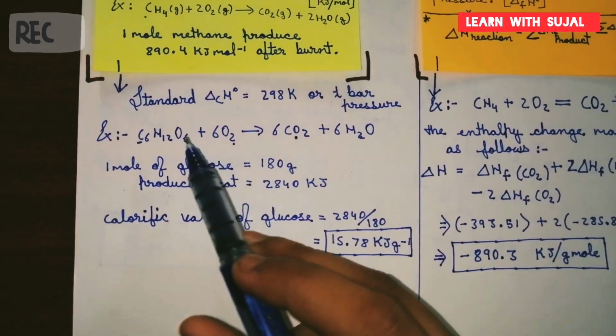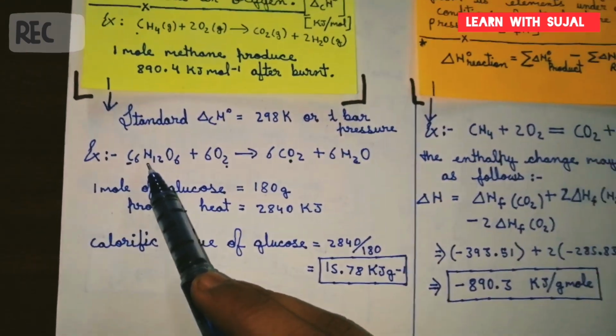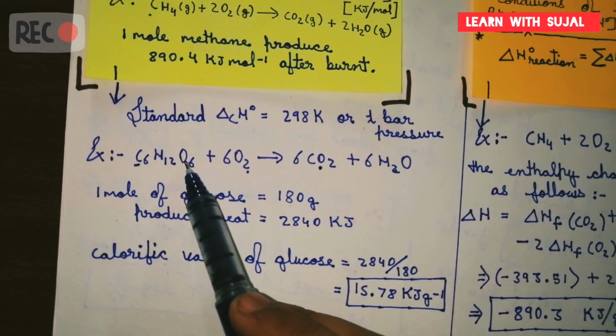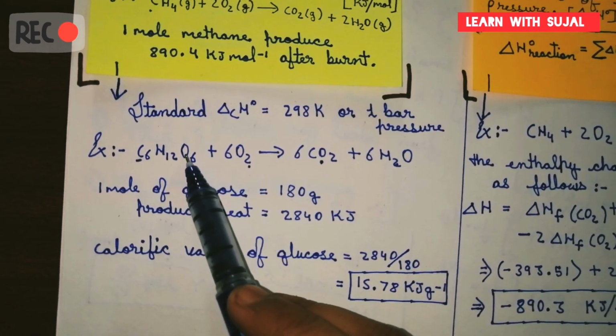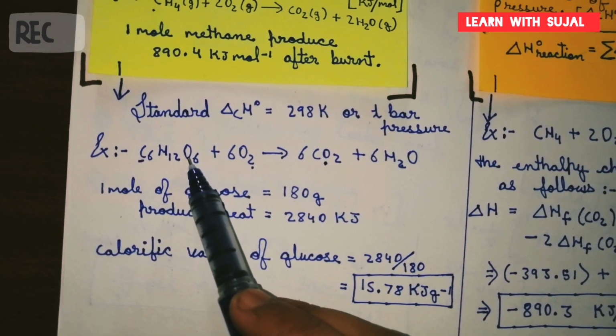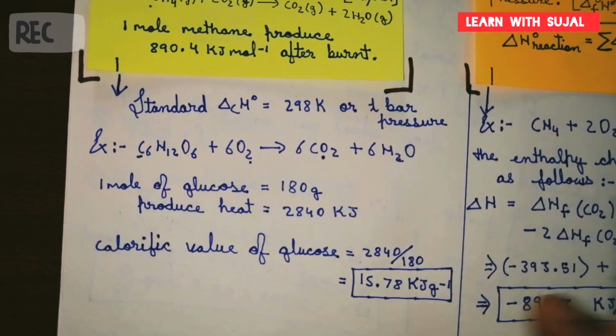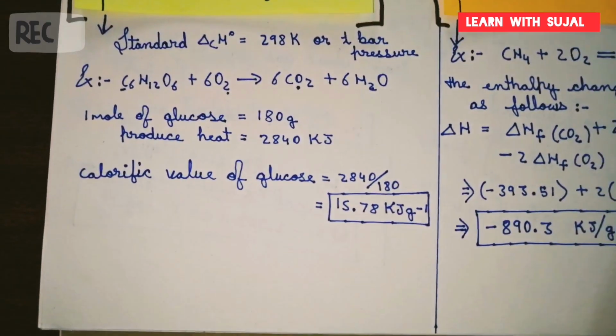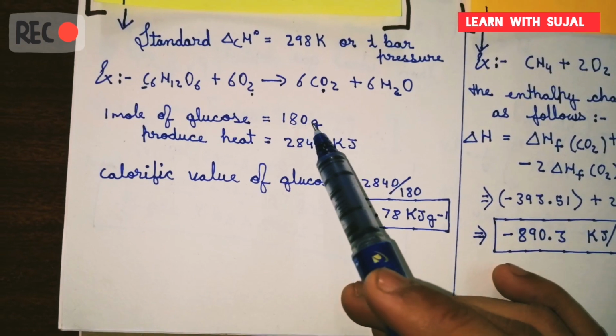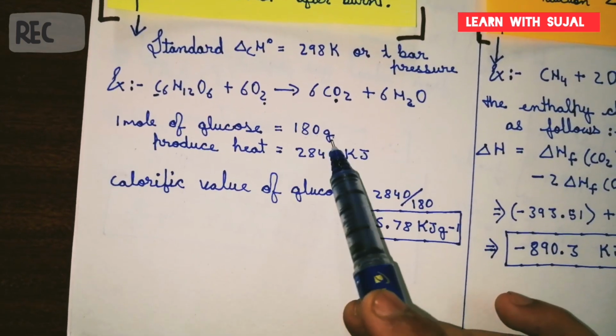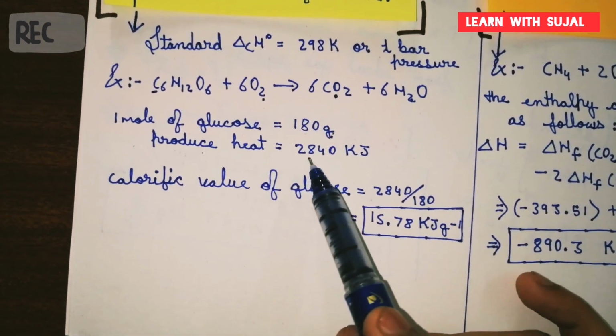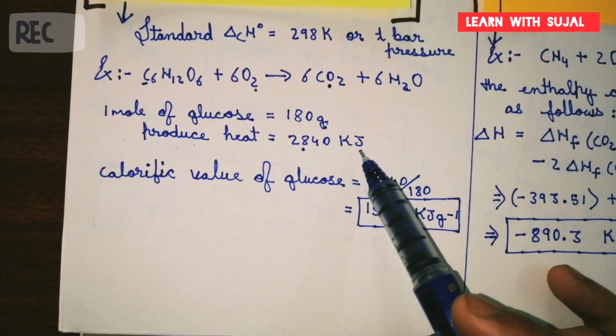Then add 12 into 1, then add 6 into 16, because oxygen has atomic mass 16. Adding all, you get 180, and the heat produced is 2840 kilojoules.